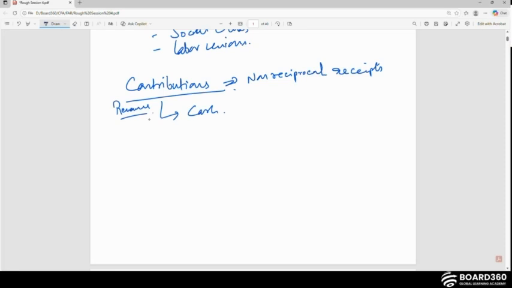So the contribution revenue in that case will be, first of all, you need to calculate the fair value of the contribution received, whether the amount, the asset, or the services received. And you will subtract the fair value of resources given up.